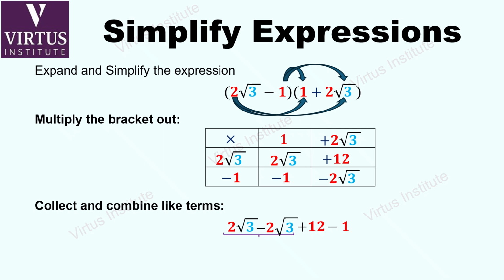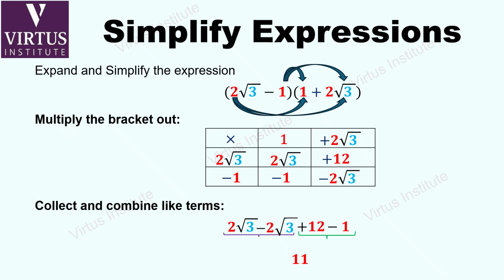Combine the ordinary numbers. 12 minus 1 equals 11. Therefore, the final answer is 11.